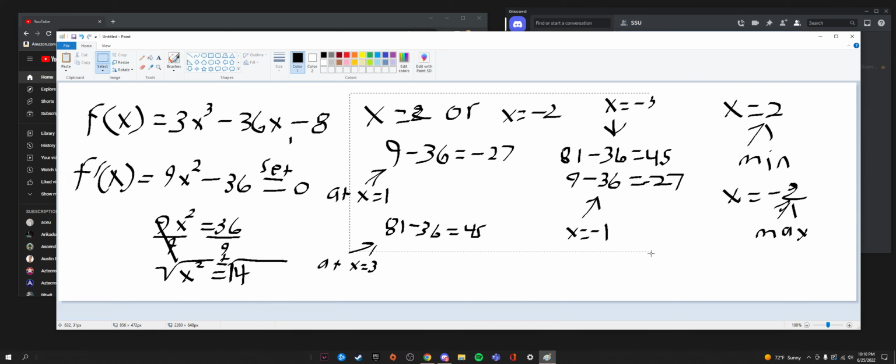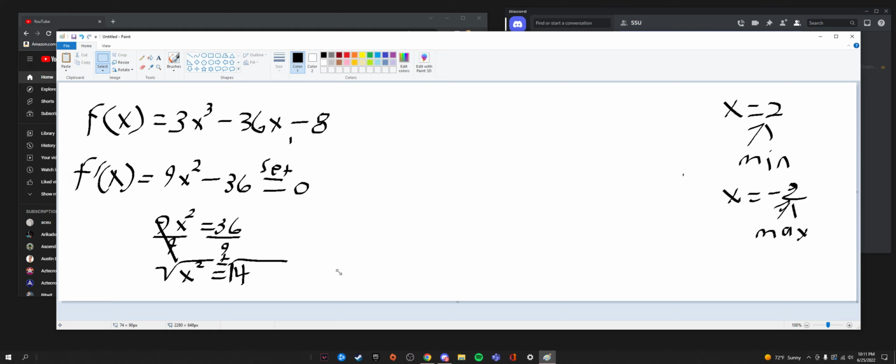I'll show it on Desmos after, but I want to draw it first. So obviously it's a cubic because we're cubing, but let's draw our axes here. So we'll have 2 and negative 2.